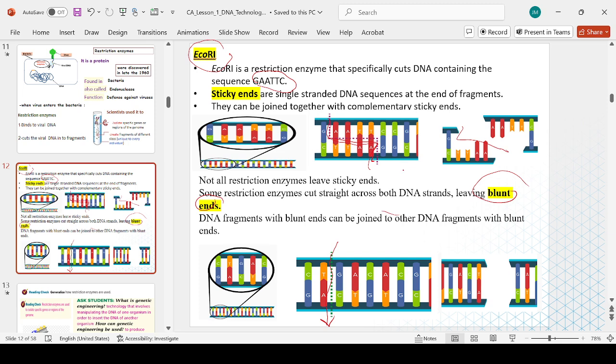We cut it from this and make a sticky end. But the other one is blunt. Another restriction enzyme makes a blunt end, which cuts straight like this. Okay, this is a blunt end.